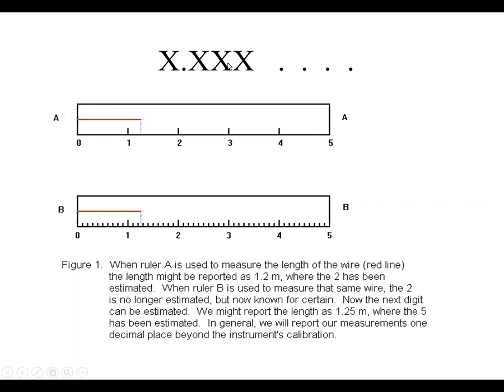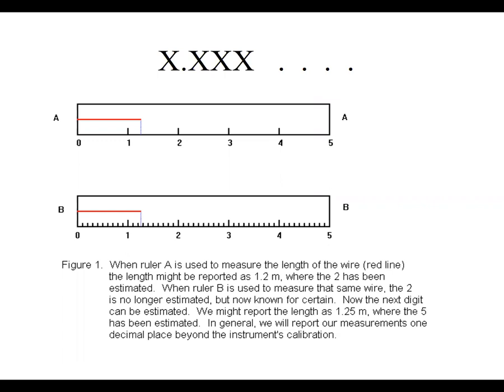And now I can go on to estimate the third x. And so I might look at that and say, well, I think that wire ends right in the middle between the 2 marks. I think it's midway between 1.2 and 1.3.